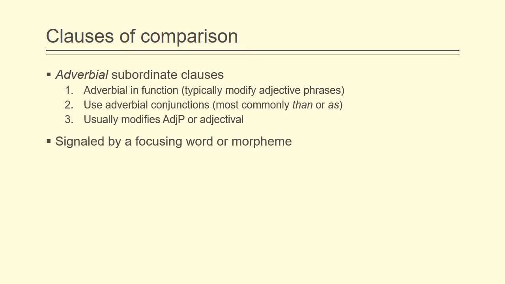The second thing about them is that they are preceded by a focusing word or morpheme that acts as a signal to let us know a comparison is coming. So for example, in the sentence Superman is stronger than Batman, with the omitted is strong, if we analyze this for a moment, we can see that the focusing morpheme is the comparative ER on the end of stronger. So stronger tells us that a comparison is coming up, and we need to complete that comparison.